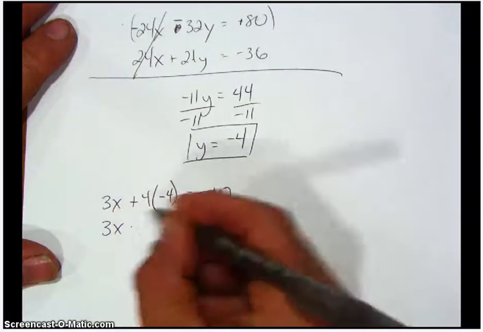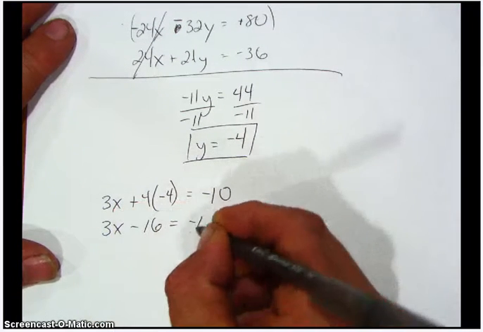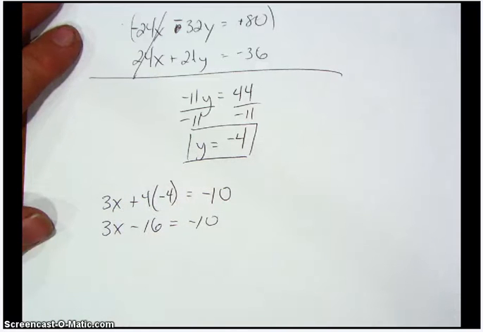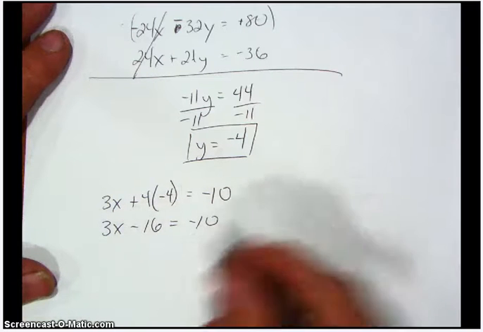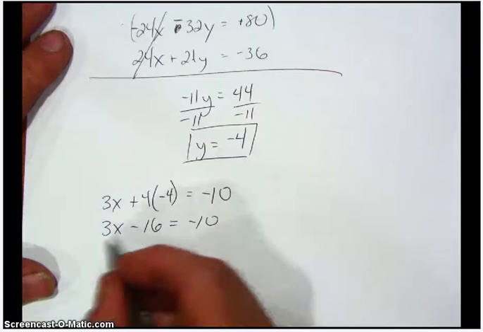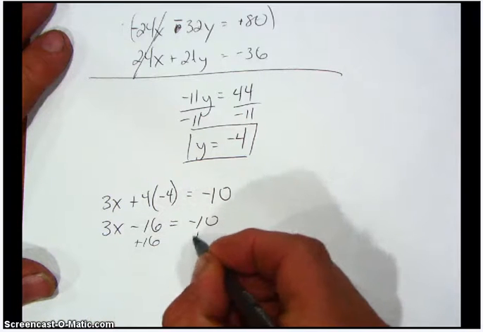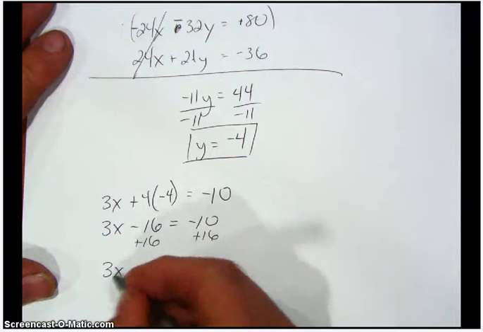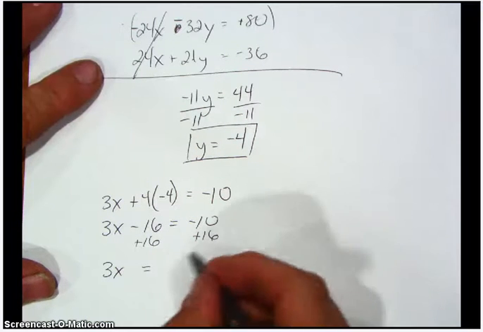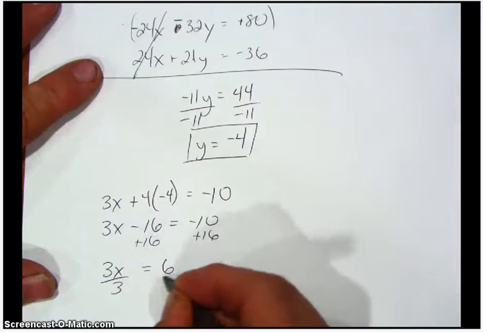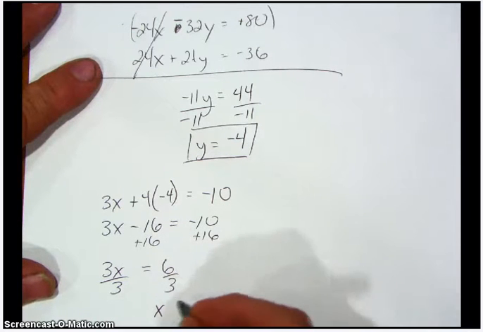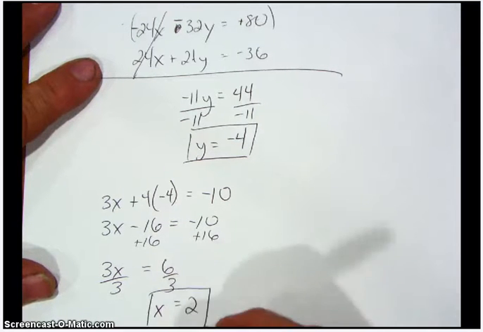So 3x minus 16 equals negative 10. Add 16 to both sides, and we get 3x is equal to 6. Divide both sides by 3. x is equal to 2.